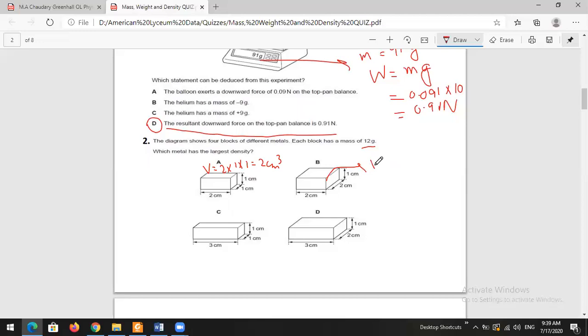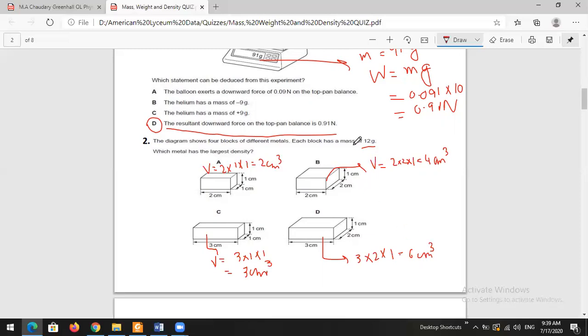Whereas volume of this will be 2 multiplied by 2 multiplied by 1, length into width into height, so it will be 4 centimeter cube. Next one, its volume will be 3 multiplied by 1 multiplied by 1, 3 centimeter cube. And the fourth one, 3 multiplied by 2 multiplied by 1, 6 centimeter cube.